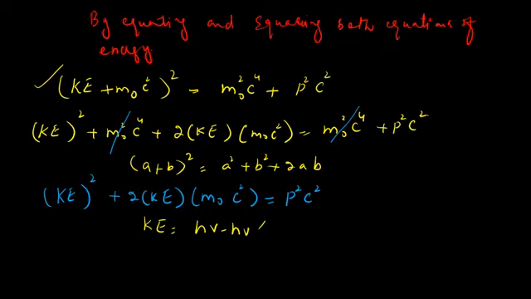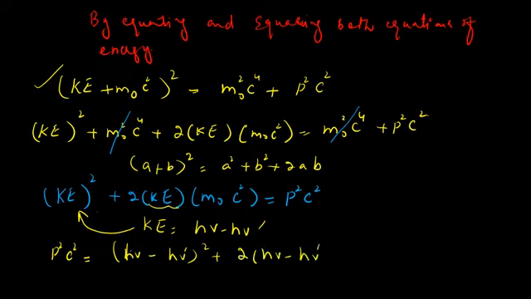So by making this substitution you will get p square c square is equal to (h mu minus h mu prime) square plus 2 into, in place of kinetic energy we will write (h mu minus h mu prime), into m naught c square. So this is our equation number 6.